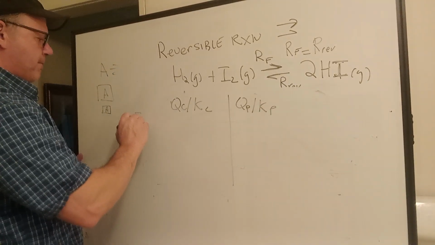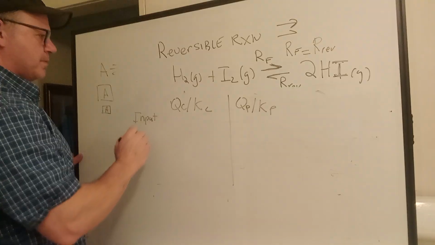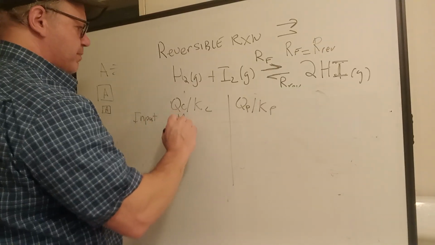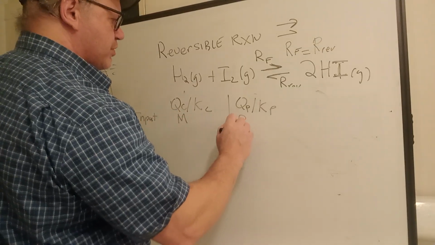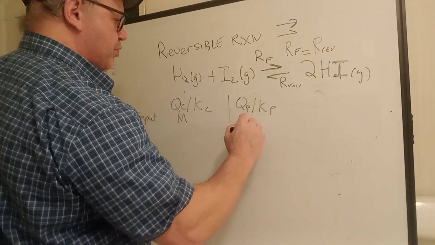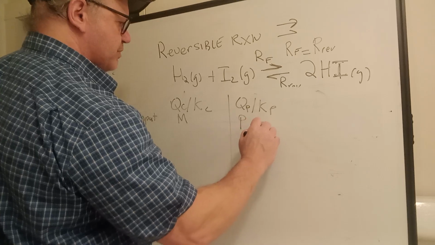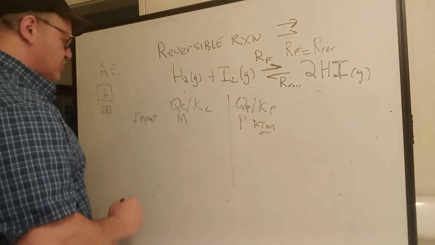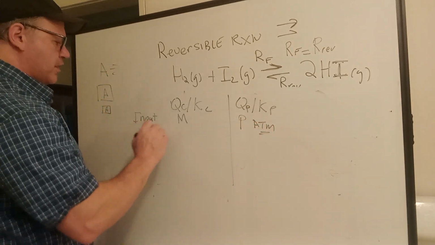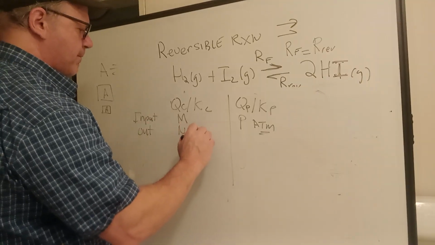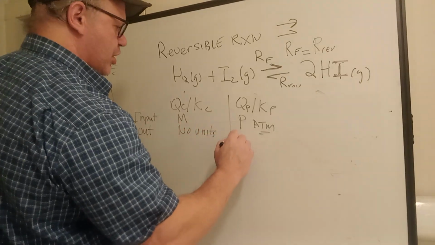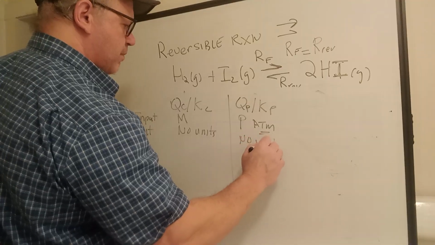The input here is molarity. Here, pressure, and we want to put that in terms of partial pressure in atmospheres. Again, you will occasionally see it in bars. The output has no units.